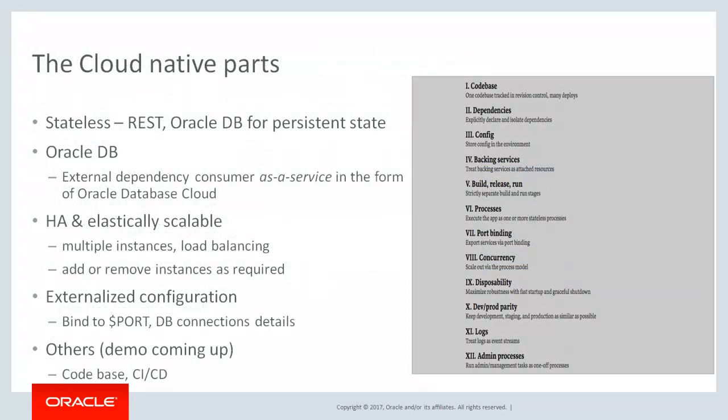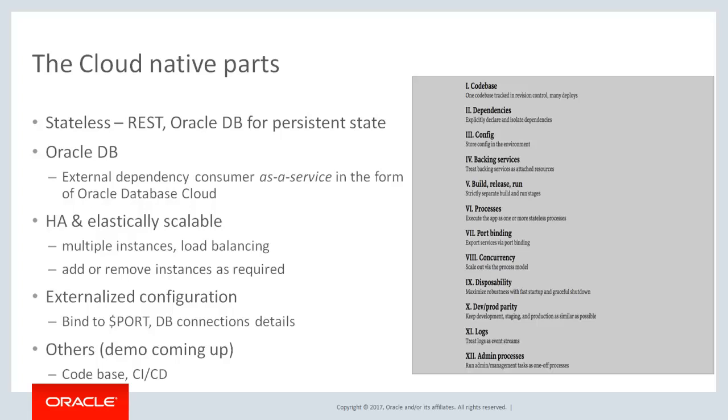Now, if you recall our discussion of cloud native applications and 12 factor style applications, some of the points which I mentioned, it would be good for you to understand how our sample application embraces some of those capabilities, right?